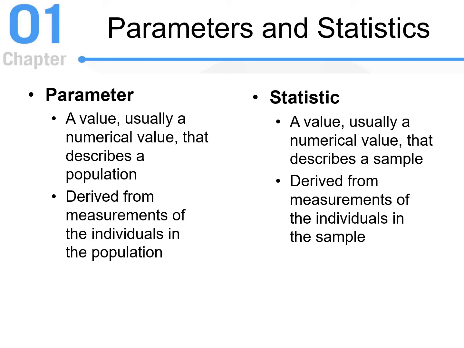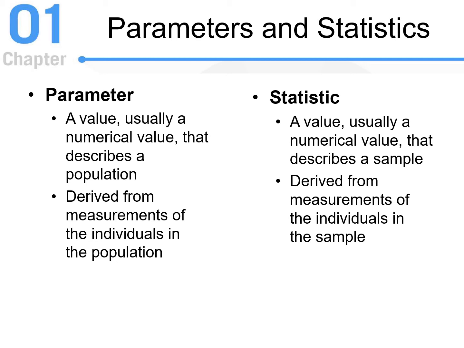So whatever value you're describing for the population is called a parameter. The mean of the population would be a parameter. The standard deviation of a population would be a parameter. So any reference to a population, a measurement of the population, is a parameter.